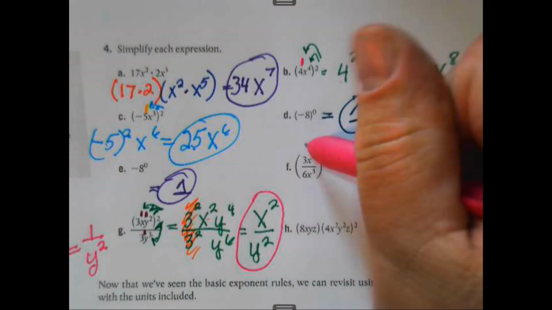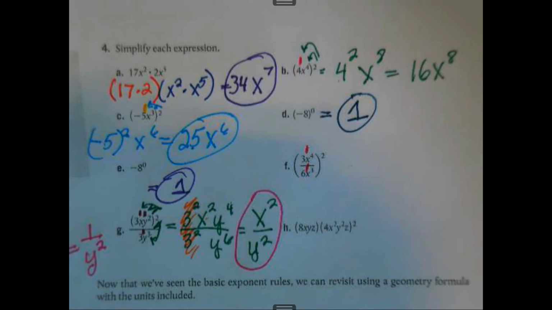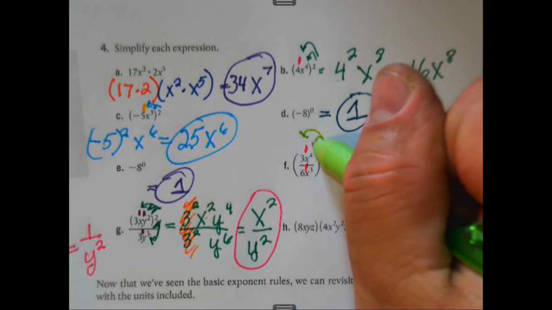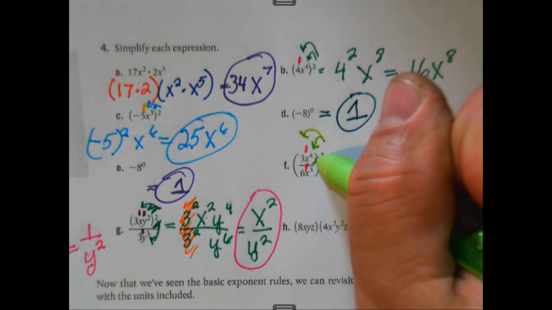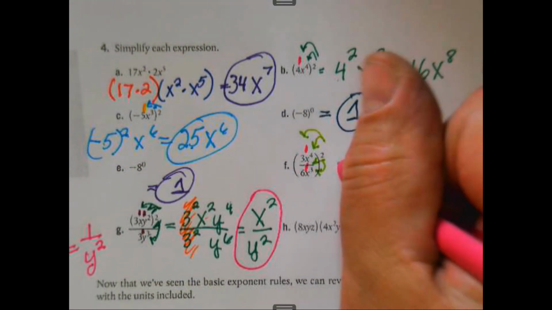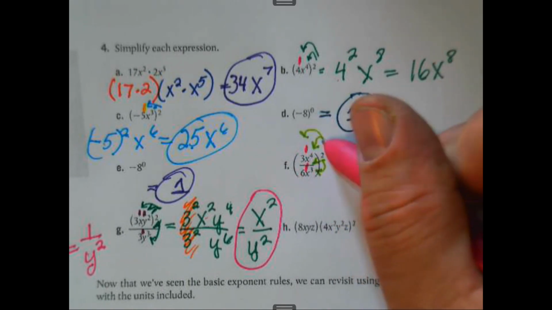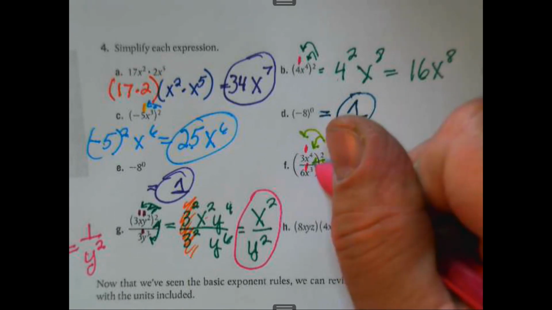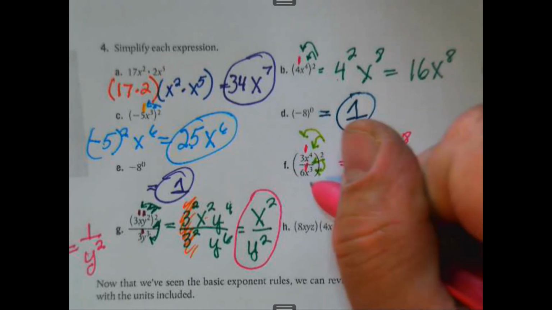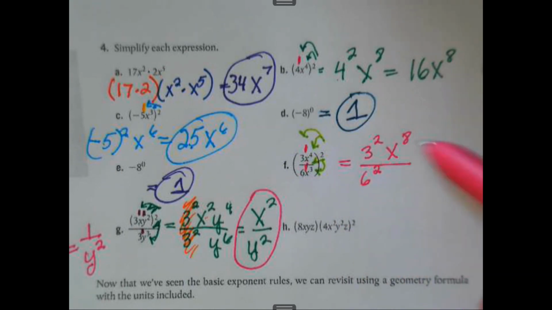Okay, exponents. 3 to the 1st, 6 to the 1st. Distribute the exponent to every exponent that's there. So I get 3 to the 1 times 2 is 2. X to the 4 times 2 is 8. 6 to the 1 times 2 is 6 squared.